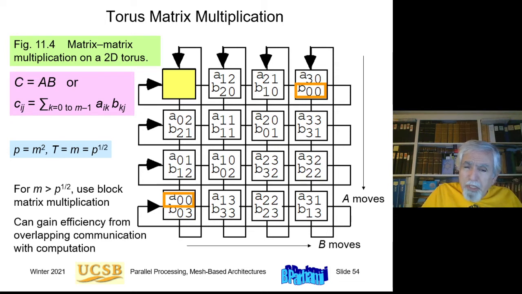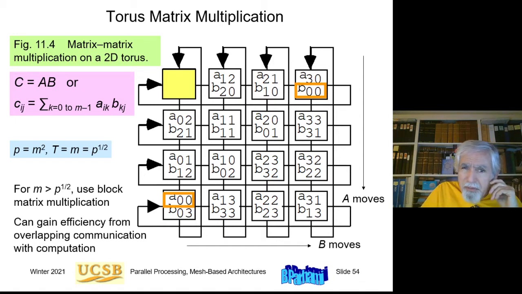This is a particular instant in time where each processor contains one element of the matrix A and one element of the matrix B. The elements of matrix A are rotated along the column, elements of B are rotated along the rows, and these rotations force the required elements to meet in the appropriate processor and to be multiplied together.